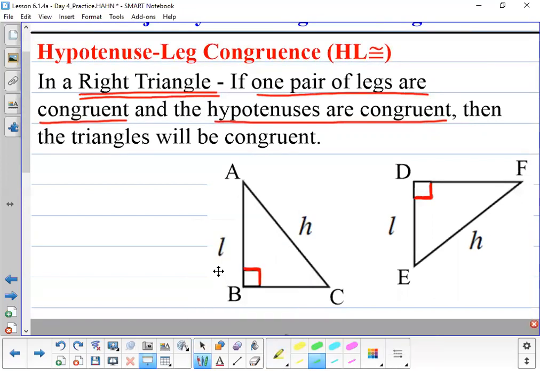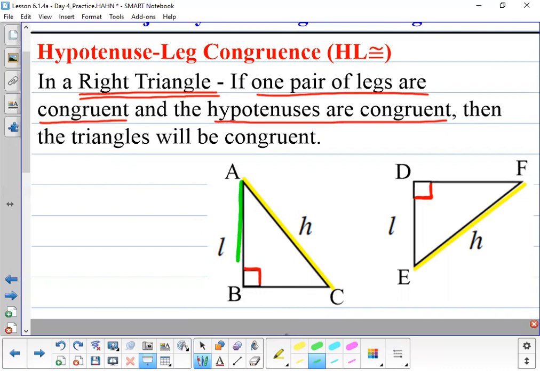All right, so my hypotenuse is labeled with the variable h, and so is this one. That means those 2 hypotenuses are congruent to each other because they have the same variable.